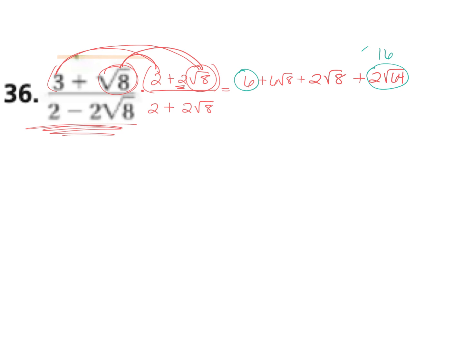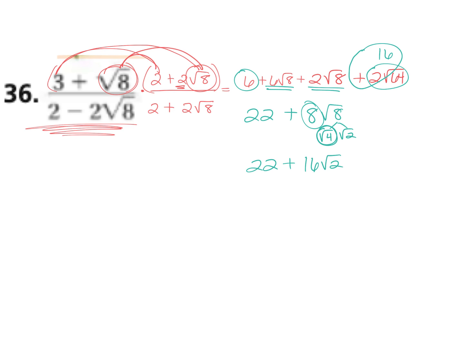So you have 6 plus 16, so that's 22, plus 6 rad 8 plus 2 rad 8 is going to be 8 rad 8. Okay, now it seems like, oh good, that's our numerator. But rad 8 is not simplest radical form. We can break that into rad 4 and rad 2. So we would say 22 plus, this is 8 times 2, so 16 times that rad 2. Okay, so that's your numerator.